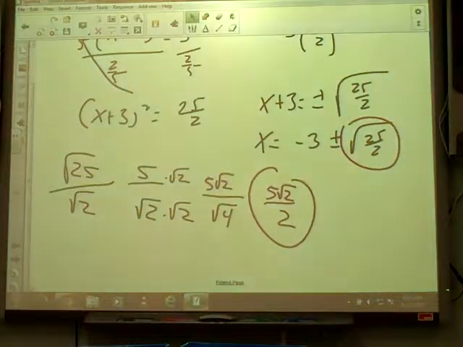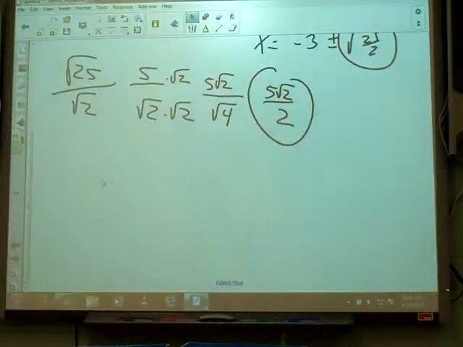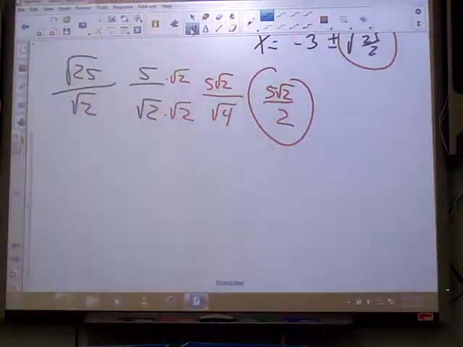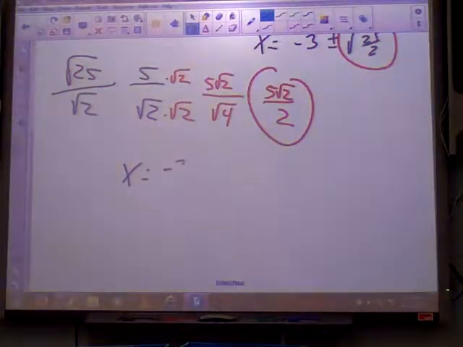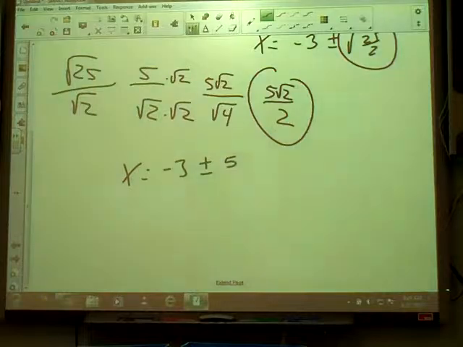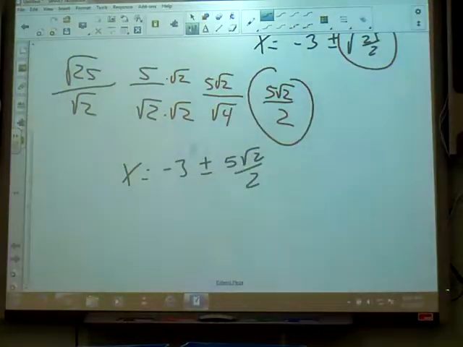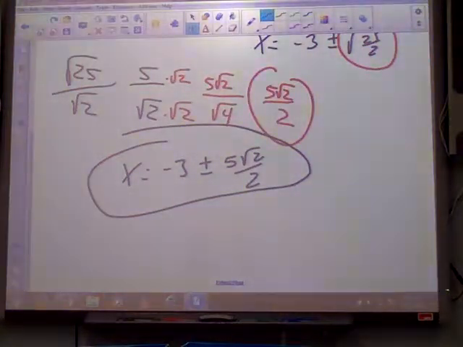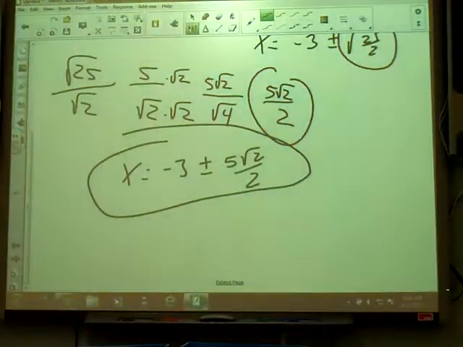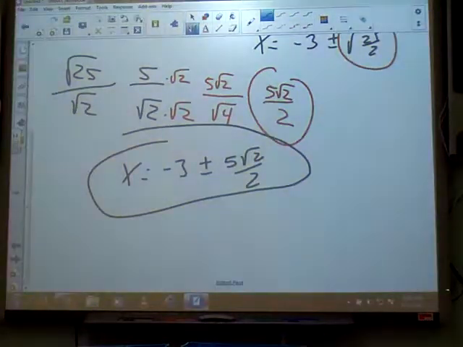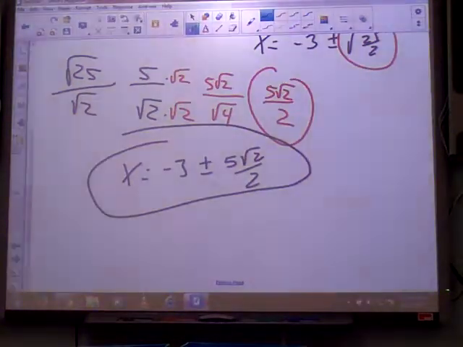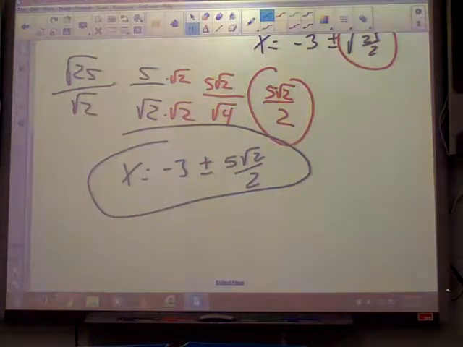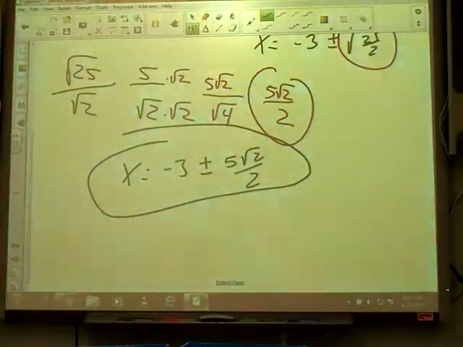So for our final answer, x is equal to negative 3 plus or minus 5 square roots of 2 over 2. Okay, did you get that? Now what you need to keep in mind is that plus or minus means those are 2 points, 2 places.